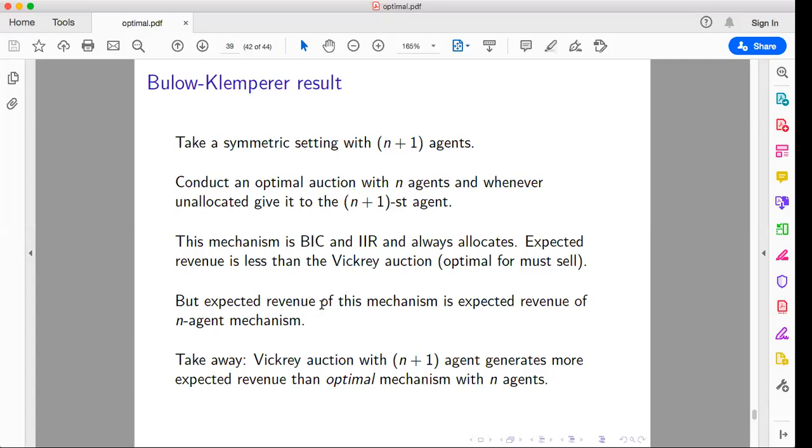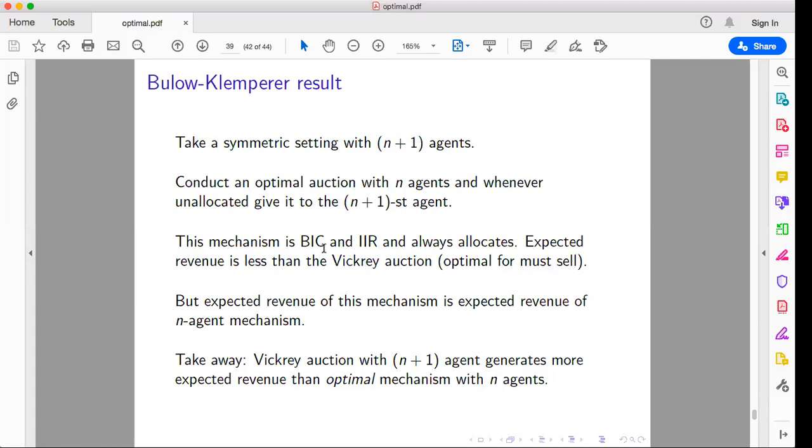But I can also improve this n plus 1 agent mechanism by conducting a Vickrey auction of the n plus 1 agents. So if I were to write down this n plus 1 agent mechanism, the last bullet has nothing to do with this mechanism that I have just described.